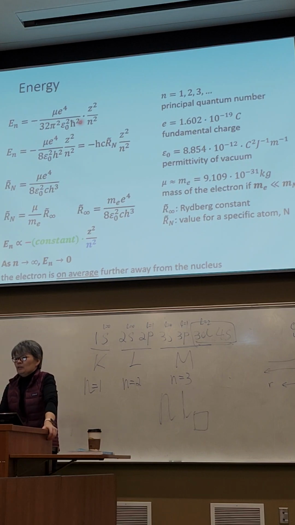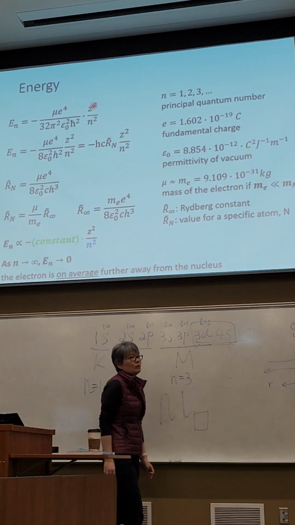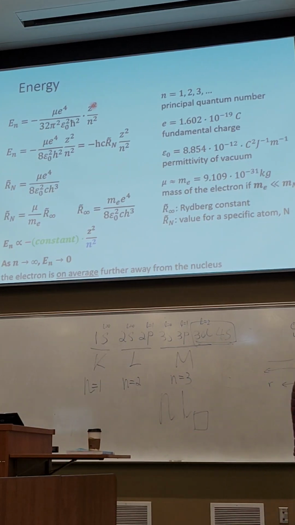Now I group it into a bunch of constants. This is your reduced mass, e is your fundamental charge raised to the power 4, and it's 32 pi squared, then epsilon 0 squared, that is from your potential energy, then h bar squared right here. So you have a negative, you have a constant, then the third component is Z squared over n squared.